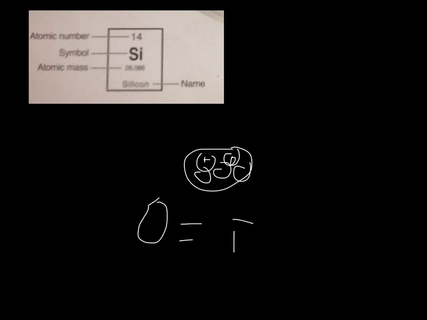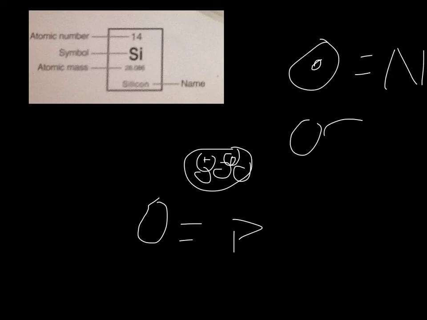So the atomic number and the atomic mass don't match. Let me draw a nucleus here. In the nucleus we have all these little dots. Some of them have a positive charge, some of them have no charge. The positive is the proton. The other, with no charge, is the neutron. Now, to balance out the weight, we have 14 protons.